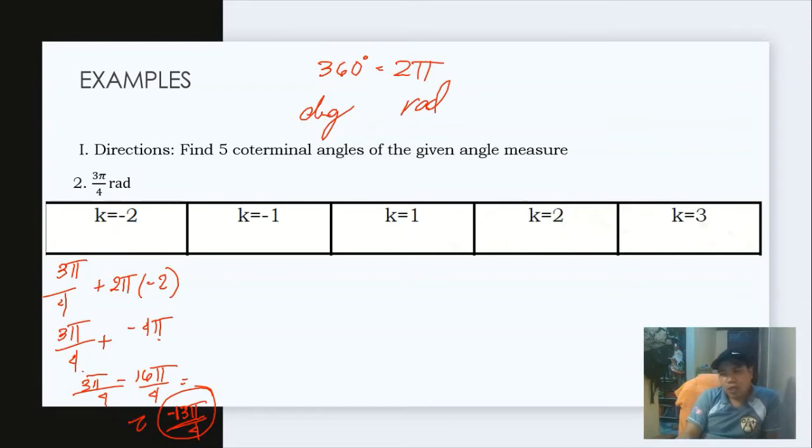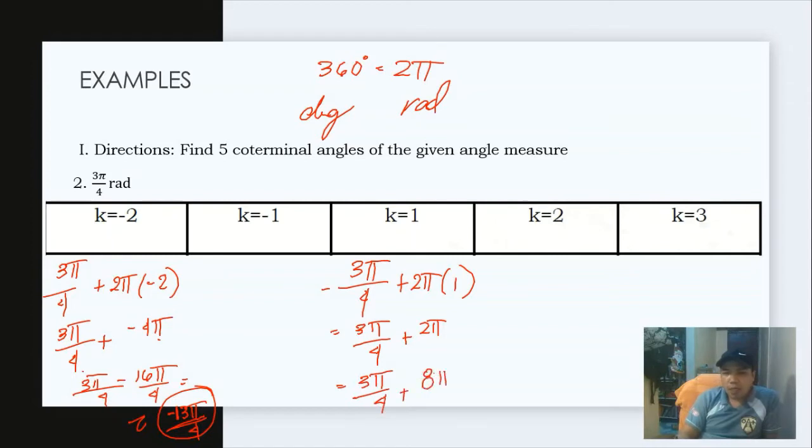If k is equals to 1, so 3 pi over 4 plus 2 pi times 1, that will be 3 pi over 4 plus 2 pi. So 8 pi over 4, 3 pi over 4 plus 8 pi over 4 will give us 11 pi over 4.